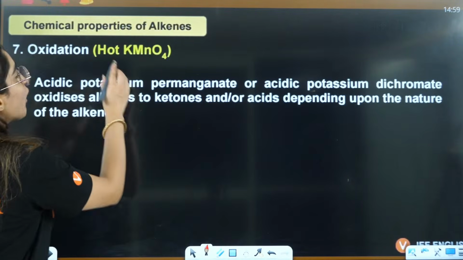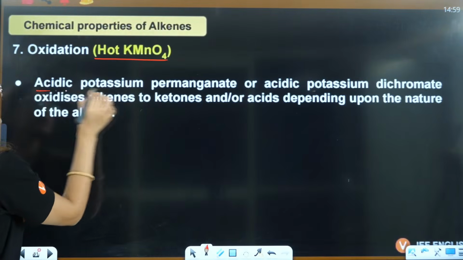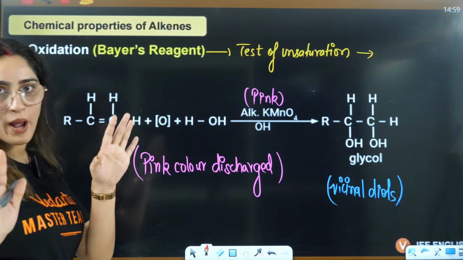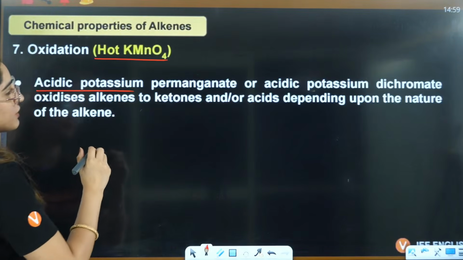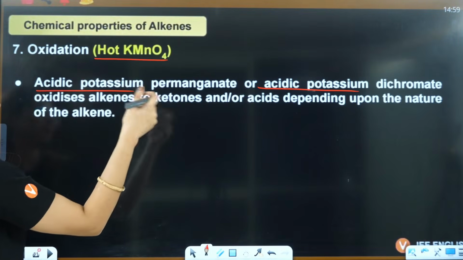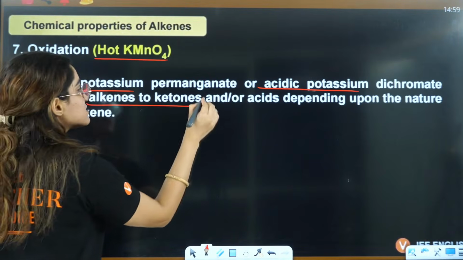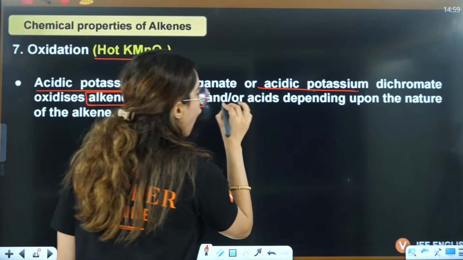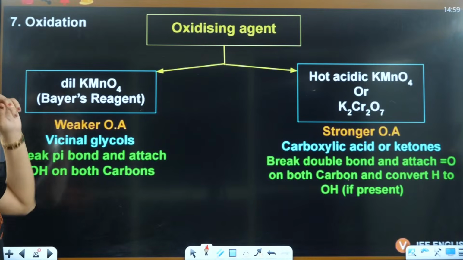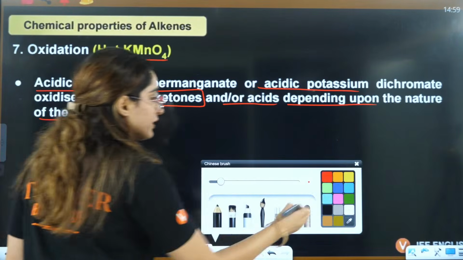So now hot KMnO4. Now this is alkaline KMnO4 in which it is converted to OH. What if you have hot KMnO4 or acidic conditions, potassium permanganate or dichromate? Alkenes are converted to ketones or acids depending upon the nature of the alkene. I'll write here what will happen.